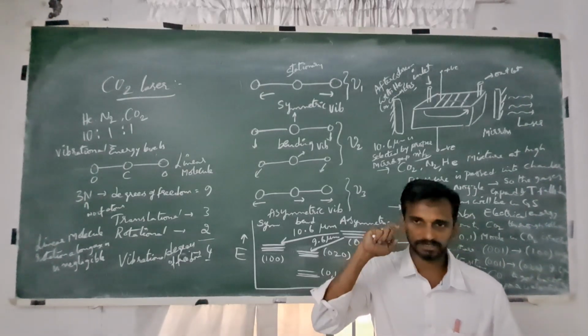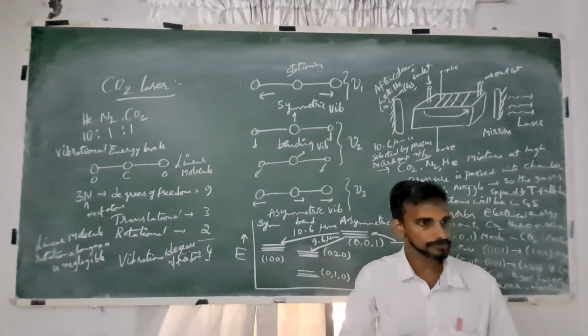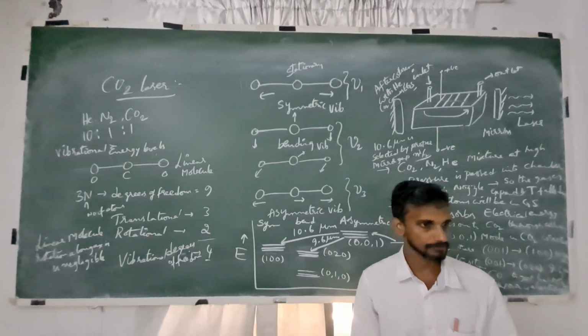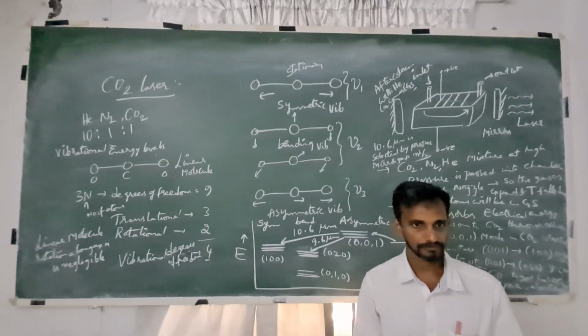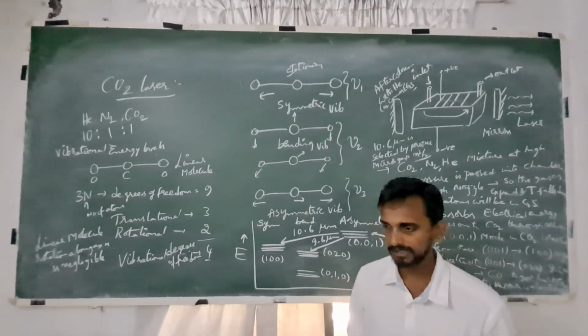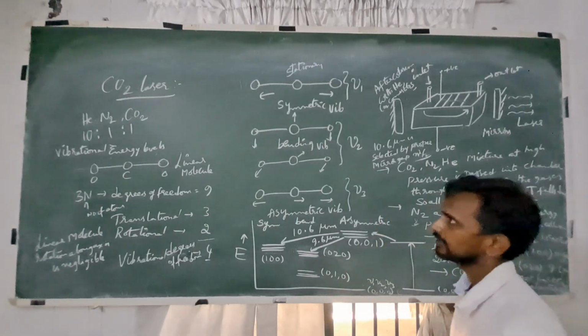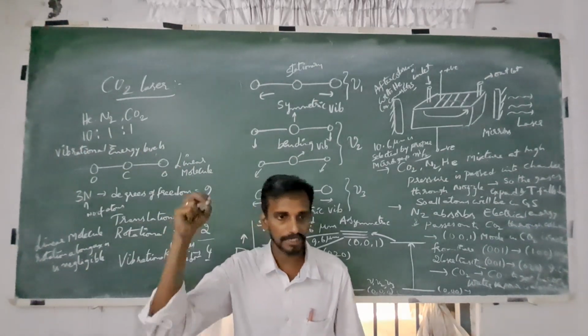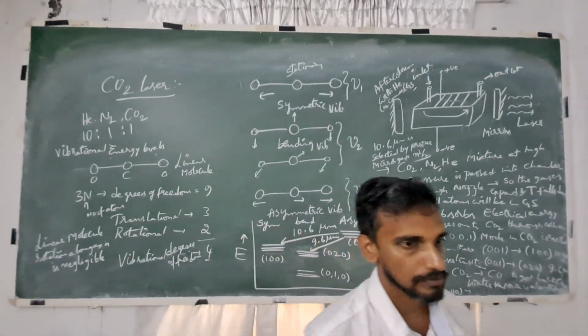Either we just switch on the electric field and turn it off, then you may have laser action, one pulse of laser, if you directly target carbon dioxide. And these helium atoms bring the carbon dioxide back to ground state.